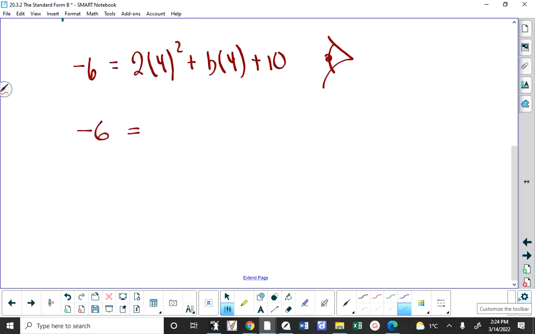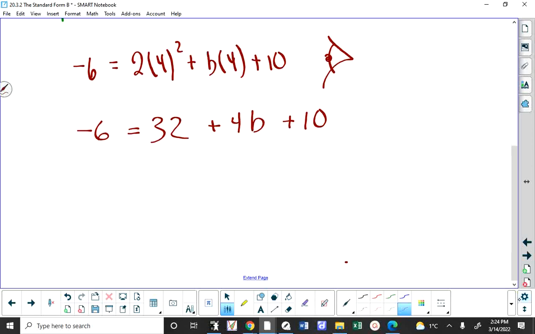Negative 6 equals, double check my arithmetic here, please. 2 times 4 squared is 32. Pretty sure, but you know, my brain gets tired as well sometimes. 4b plus 10. This is like stealing candy from a baby at this point in time. You can just add the numbers together and solve for b.